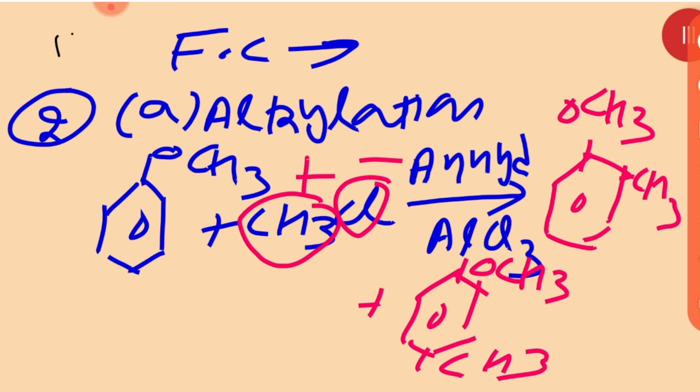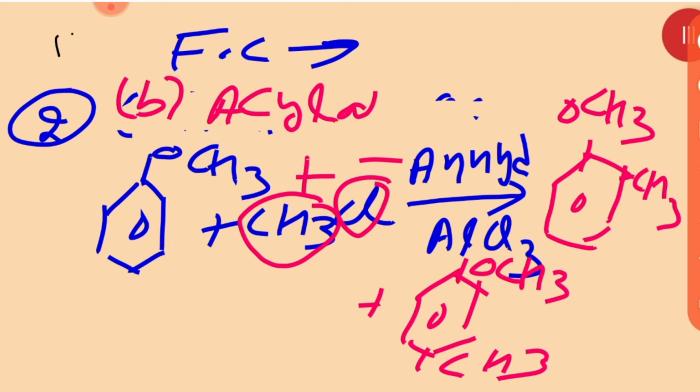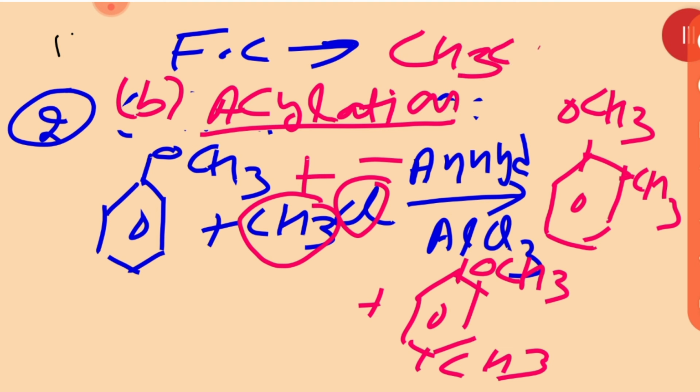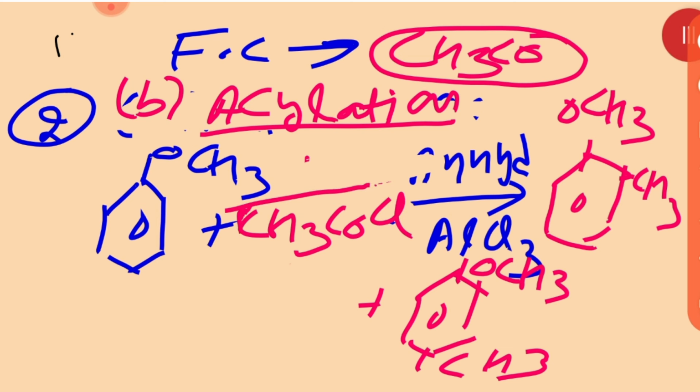Same way, beta, we can also do its B part, which is the Friedel-Crafts acylation. What will be the difference over there? There we are using the acyl group. The CH3CO group is known as the acyl group. Now you must see, all of you, what I am doing. Here I am using CH3COCl, where CH3CO is positive and Cl is negative, with anhydrous AlCl3.